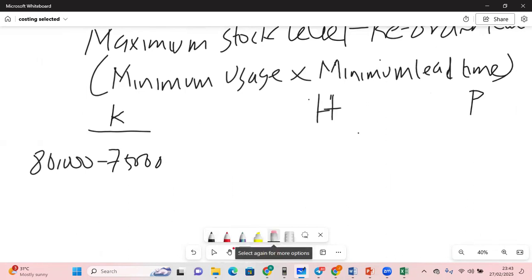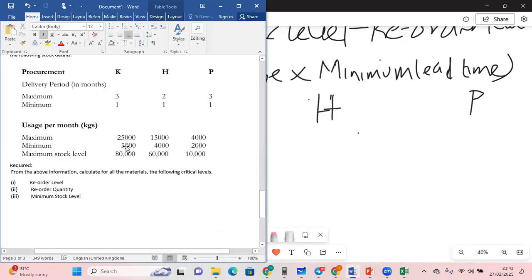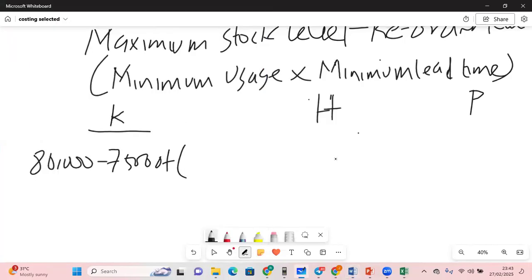Then we add, in bracket, minimum usage times minimum lead time, 5,000 times 1, same 5,000. So plus 5,000. We are going to get 10,000 each.